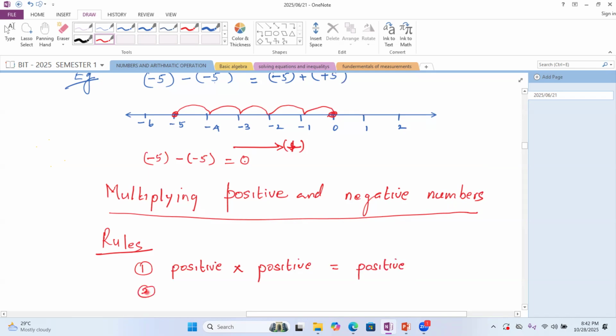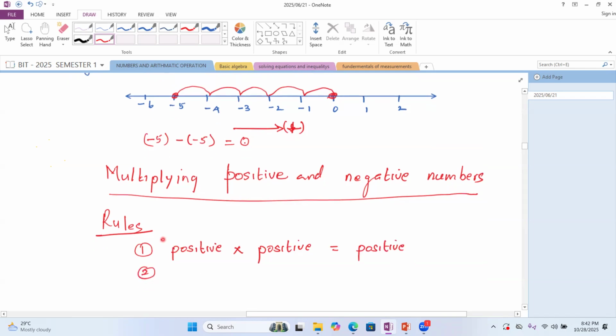Second rule, positive multiplied by negative. We get the sign negative.